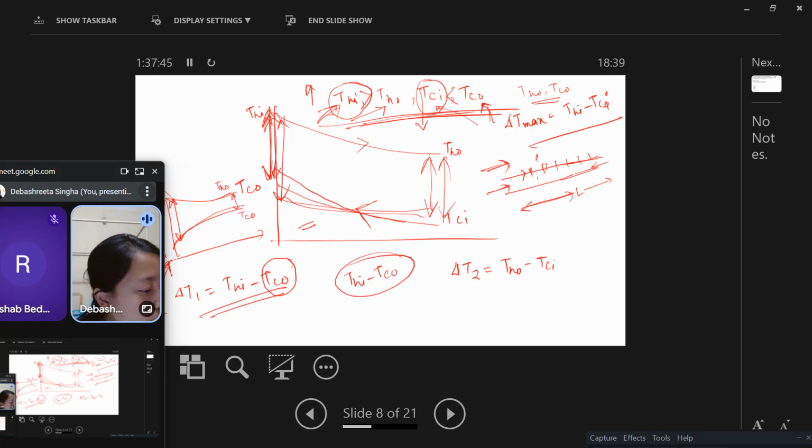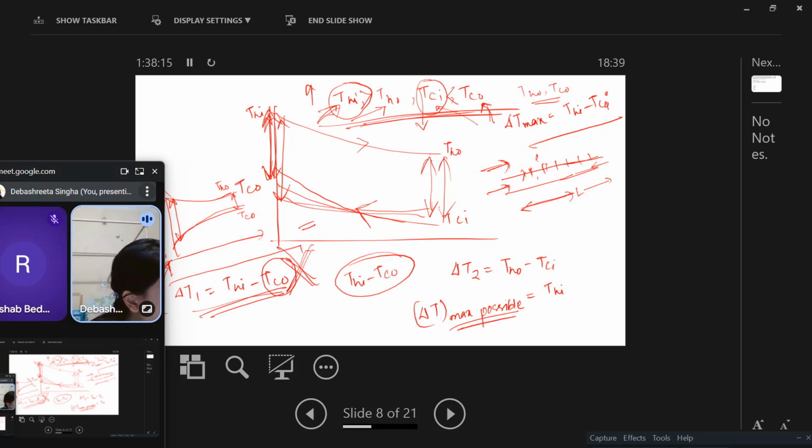So the maximum possible, this is theoretical. It is not possible to achieve in an actual heat exchanger, but theoretically you can calculate this maximum temperature difference. So Thi, just forget this, this equation is wrong.